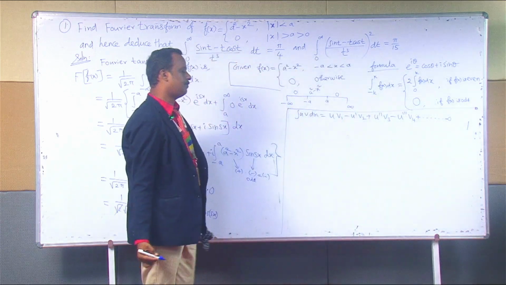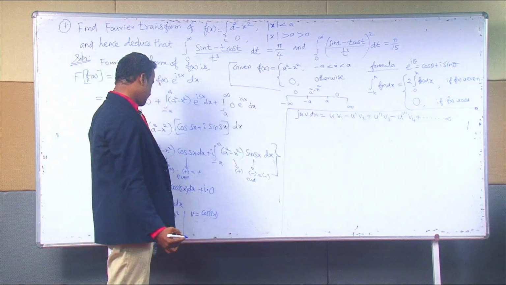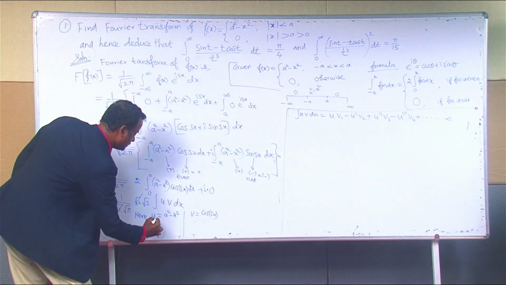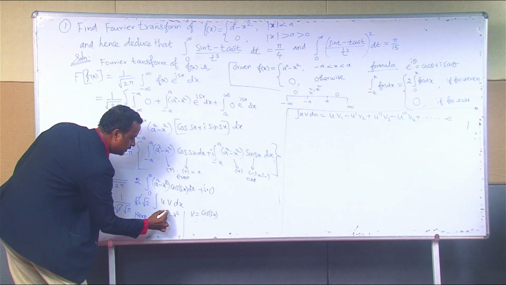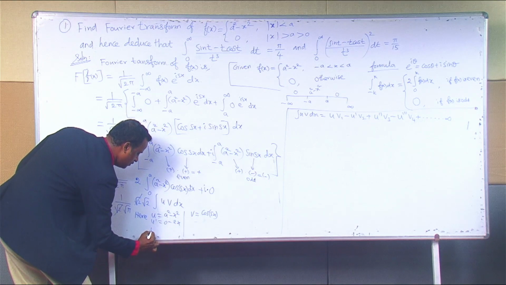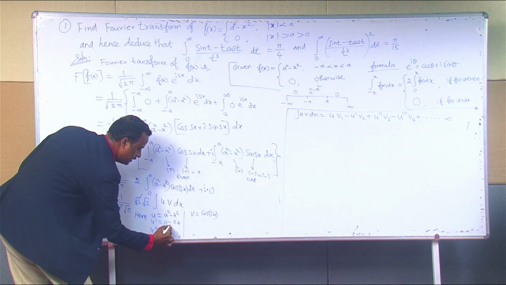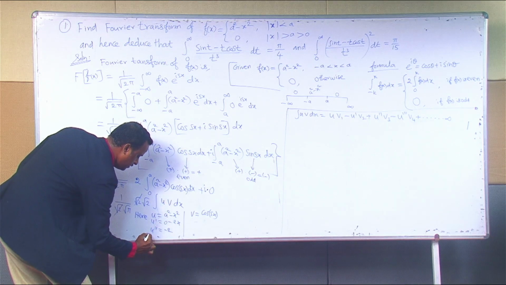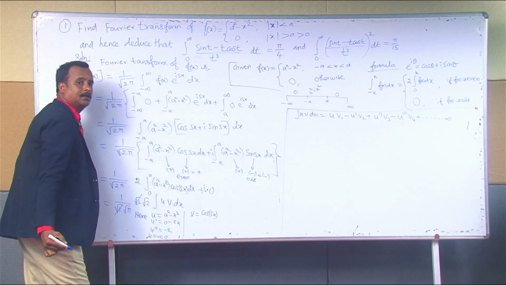Now what is u dash? U dash is, the differentiation of the constant a square is 0, minus 2x, and u double dash is minus 2, and u triple dash, differentiation again, we get 0.